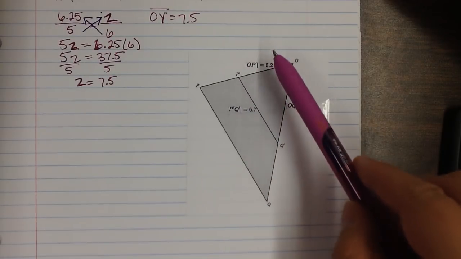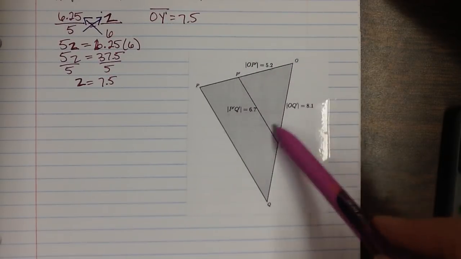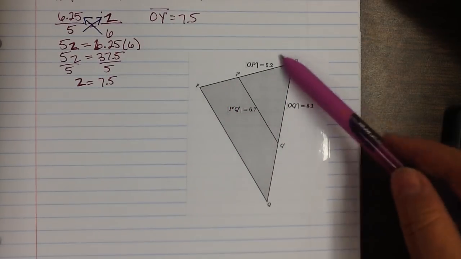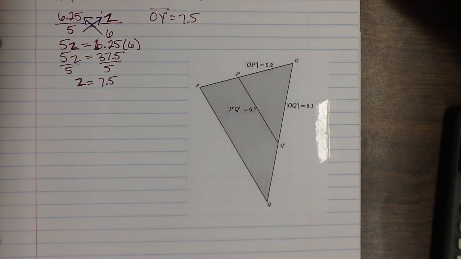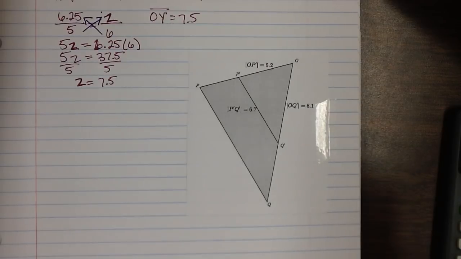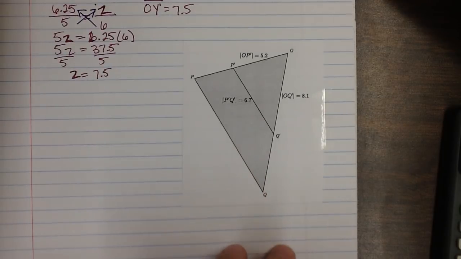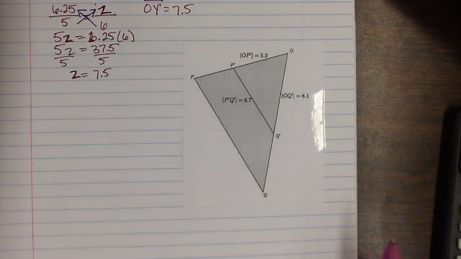Because we only have 3 sides of one of the triangles, and we don't know anything about the larger triangle, we cannot determine if they're similar or not. We would need more information. We would need information about 2 pairs of corresponding angles, and that's not provided. So for this question, we could not determine if OPQ is similar to OP'Q'. There's not enough information given.